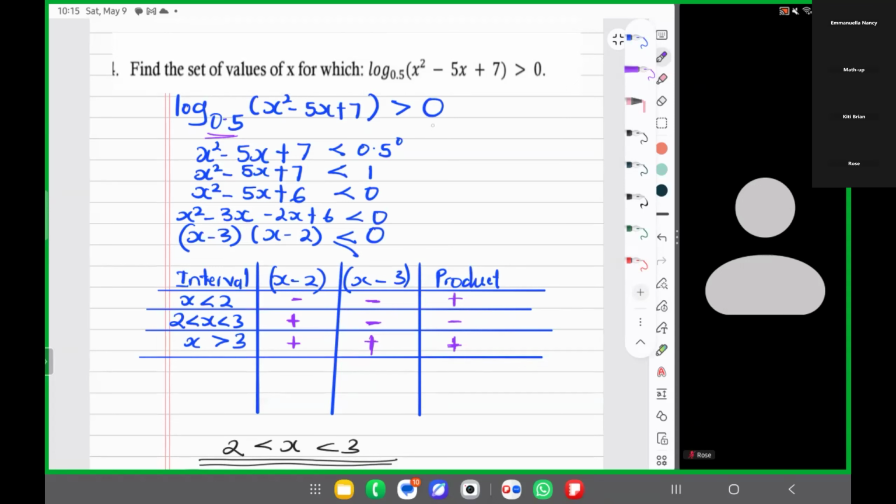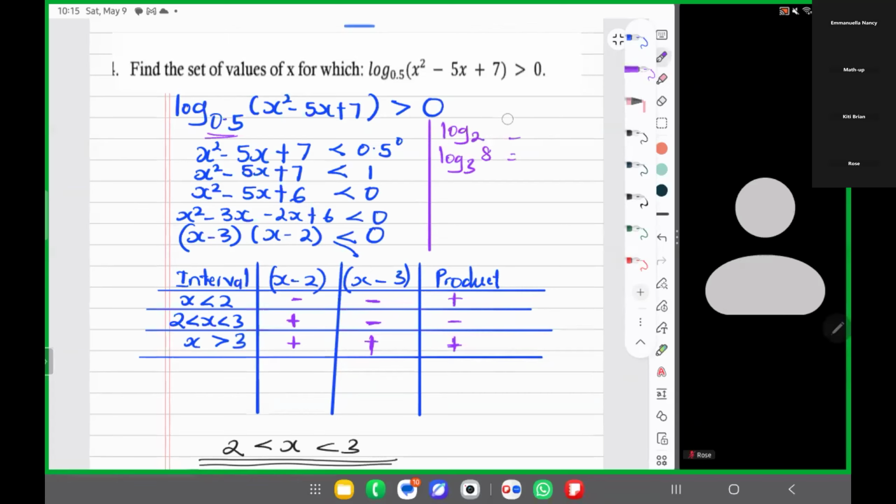Let us look at some examples. So every time I have a base that's greater than 1, the logarithm is an increasing function.